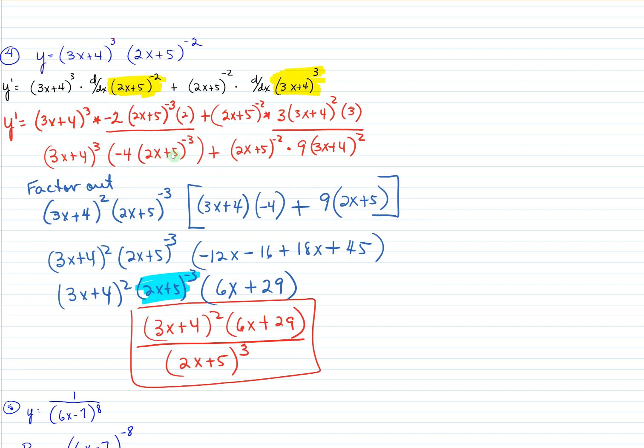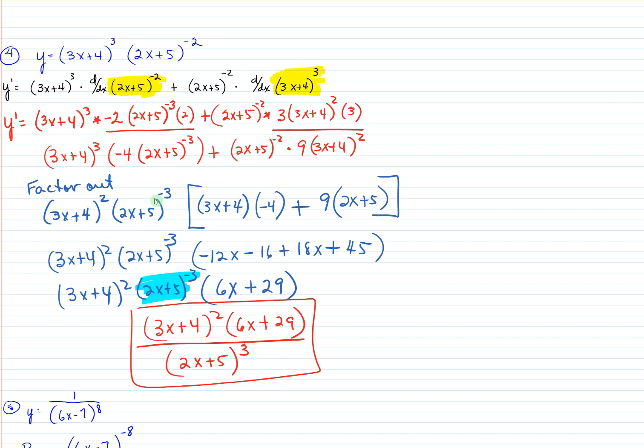In 2x plus 5, I have 1 to the negative 3, 1 to the negative 2. The negative 3 is smaller, so I take that out. All right, now when I take this much out of here, I am left with one of these. So I'm left with 3x plus 4, and I'm left with a negative 4, and then this comes out, so that's canceled out.